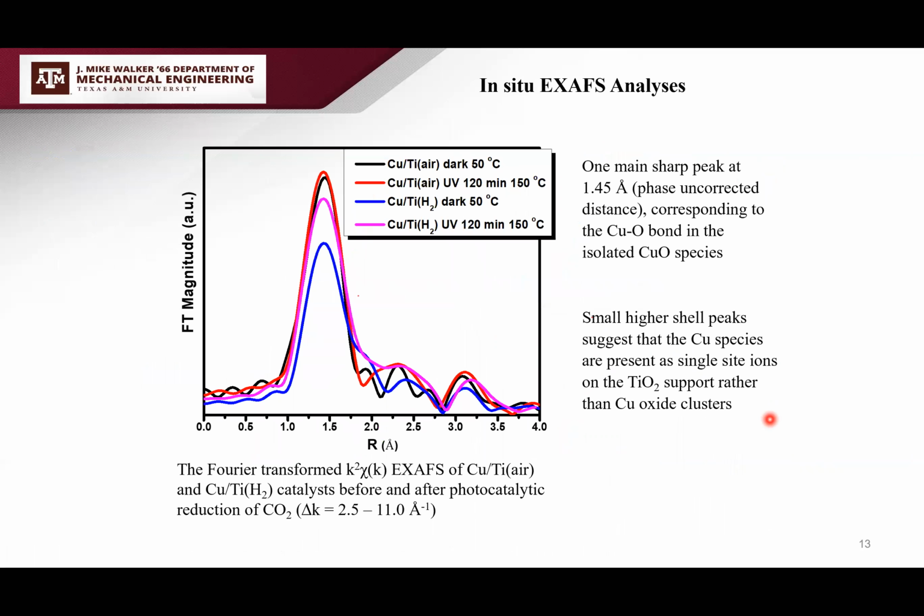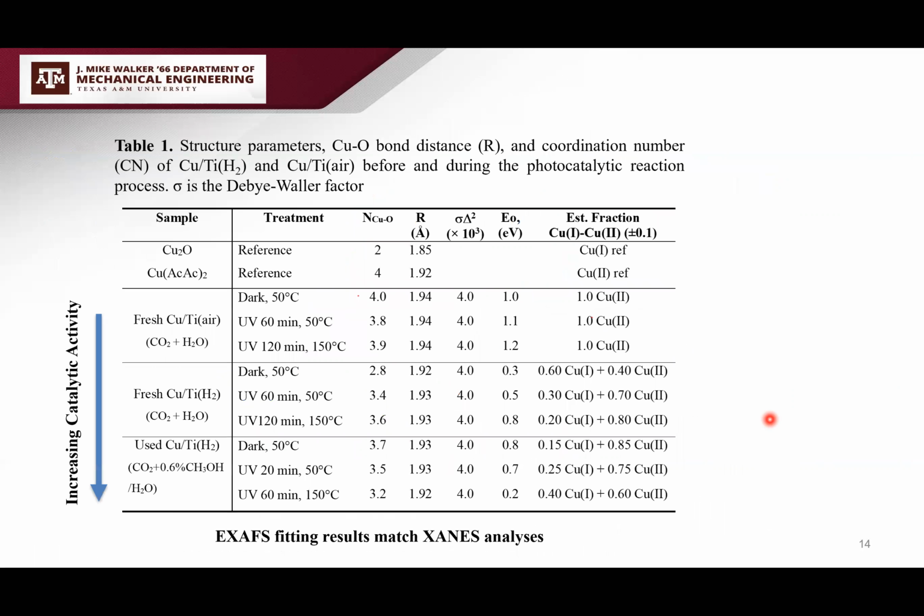And of course, here's EXAFS analysis indicating this single bond of copper-oxygen. All right, so we did some EXAFS fitting, which matched the XANES analysis, and also some quantification is done here and correlated with this catalytic activity.